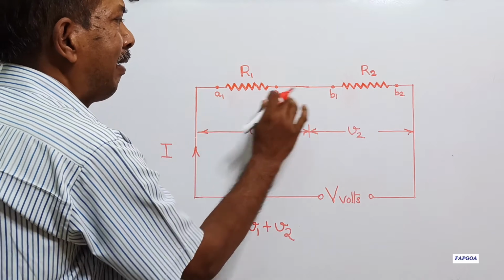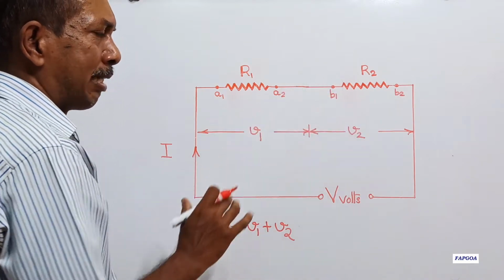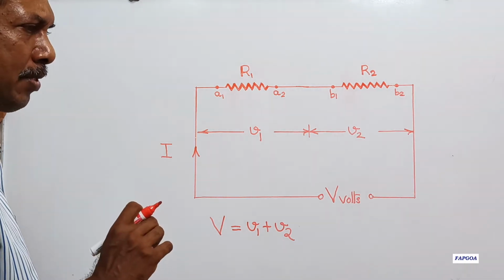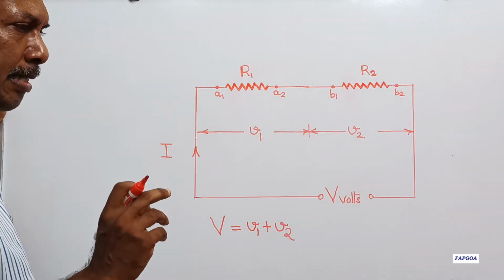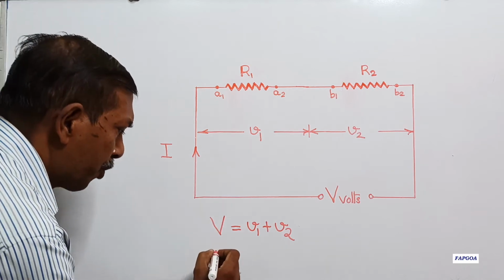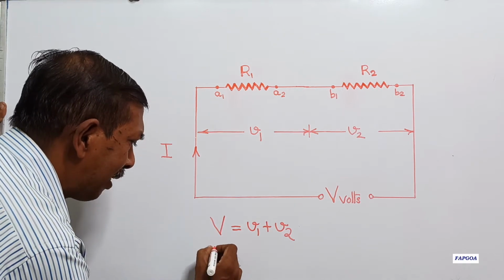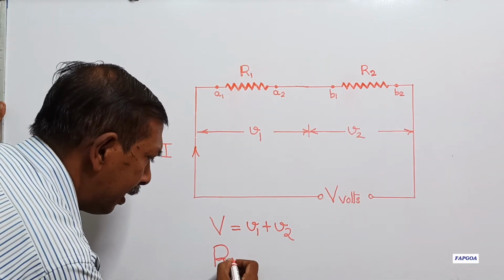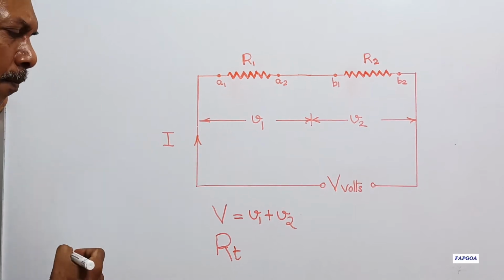Now here physically you will see two resistances, but in electrical terms there will be only one resistance, that is called total resistance or effective resistance. So total resistance, R stands for resistance, T stands for total.